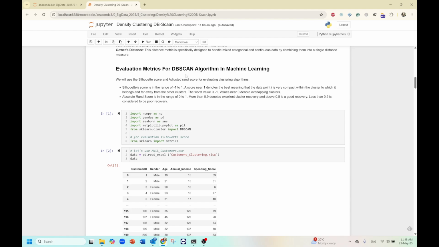Now, there are other evaluation metrics. One of them is what we call the Adjusted Rand index.